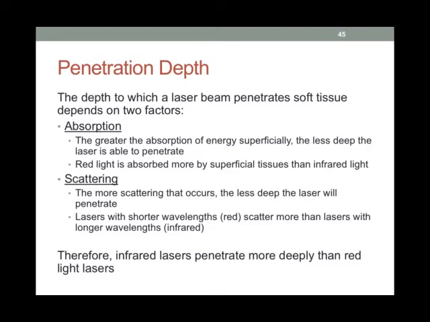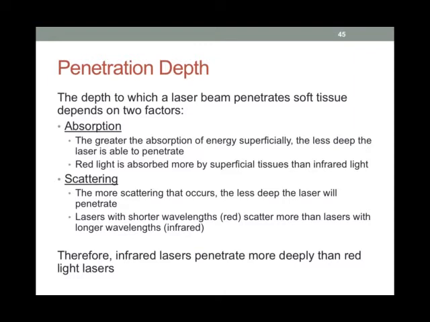When we talk about that, we're looking at two main factors, absorption and scattering. So the greater the absorption of the energy superficially, the less deep the laser is able to penetrate. So when it's absorbed, particularly in the skin tissues, superficially, not much of it is able to go into the deeper tissues. And what we see is that red light is absorbed more by the superficial tissues than infrared light.